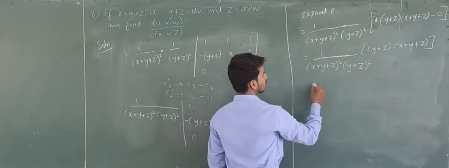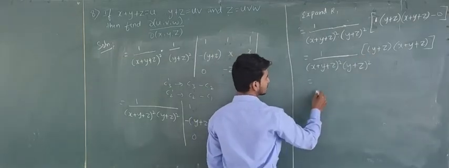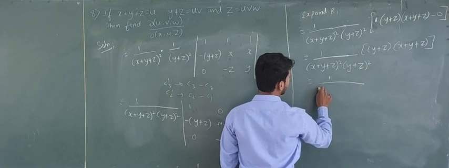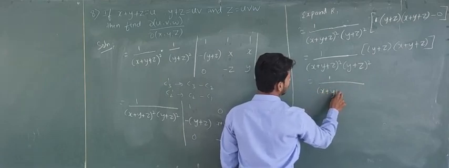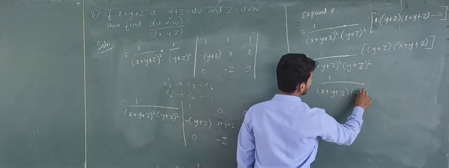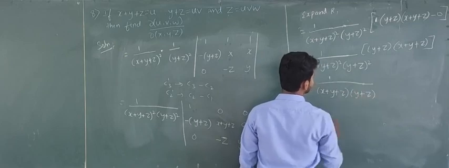Here (x plus y plus z) gets cancelled, and the remaining terms are 1 divided by (x plus y plus z) into (y plus z).